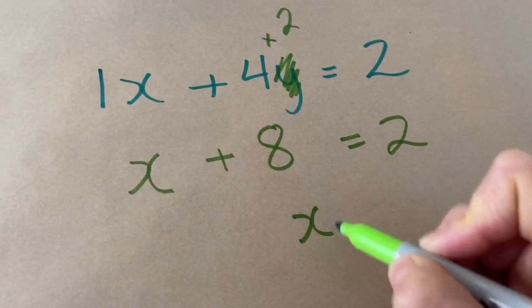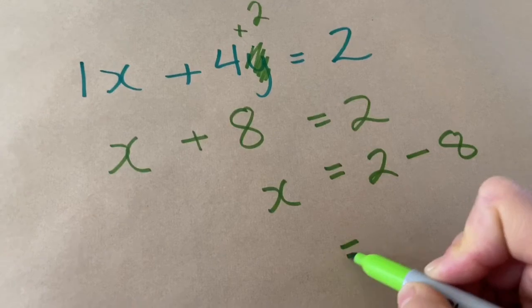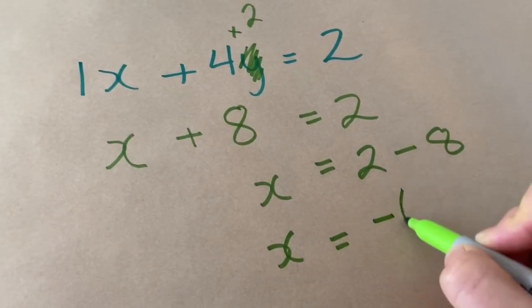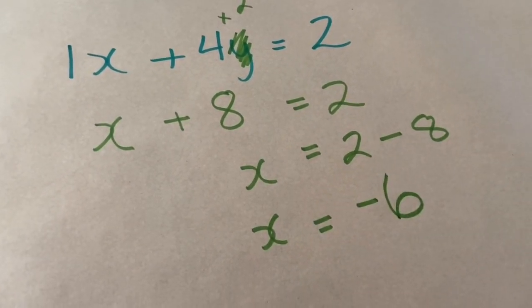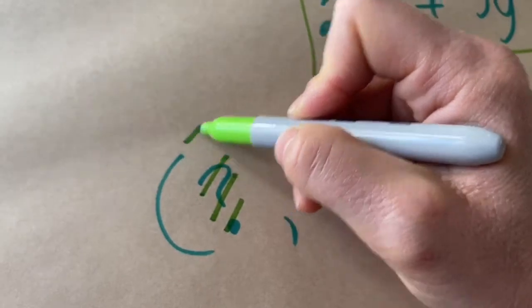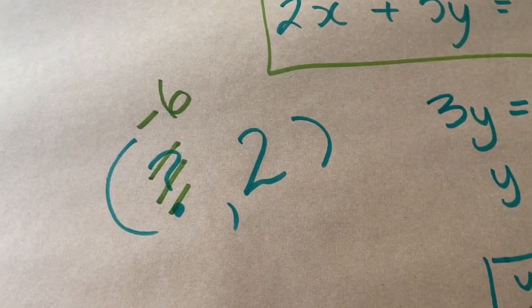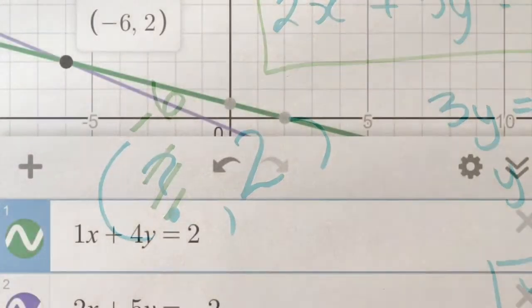I'm going to do some algebra. So I get 2 subtract 8, and that gives me that x is equal to minus 6 or negative 6. So that negative 6 is going to go right here. My x is negative 6, my y is 2, and that is the solution to the system of equations.